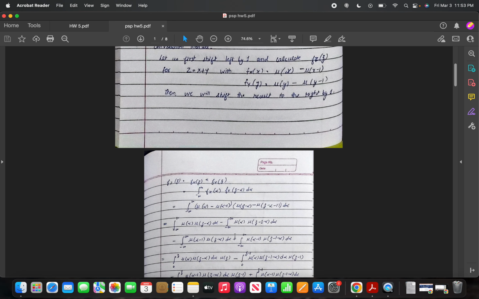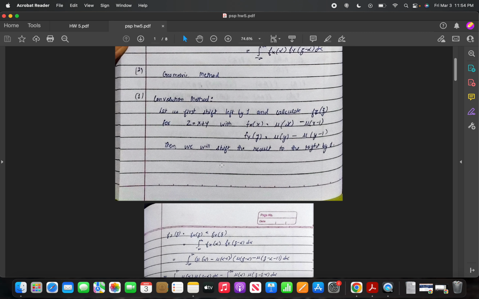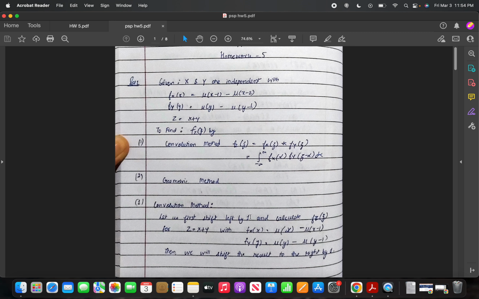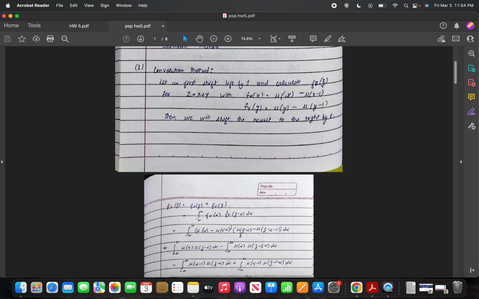So from convolution method, we know that PDF of z equals PDF of x convolved with PDF of y, and on substituting in the given formula for convolution, we'll get the function as follows.